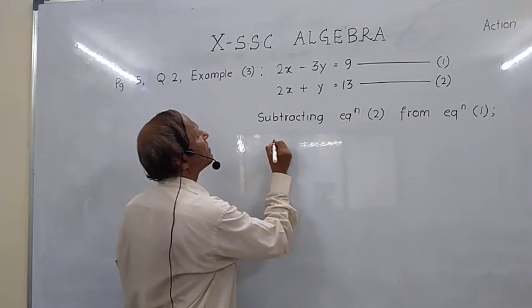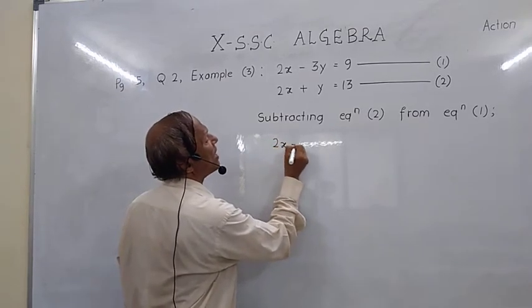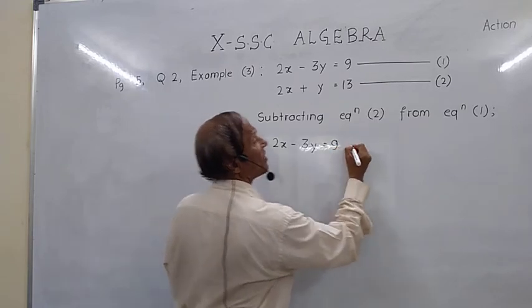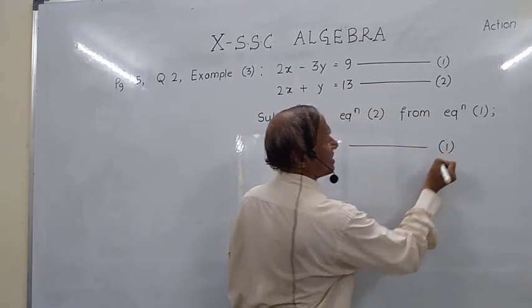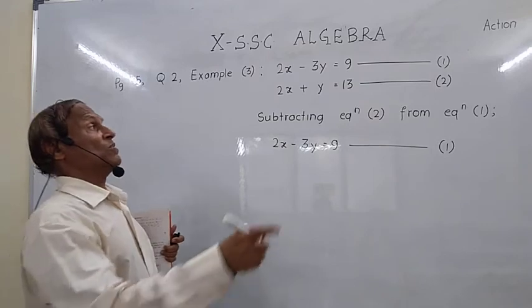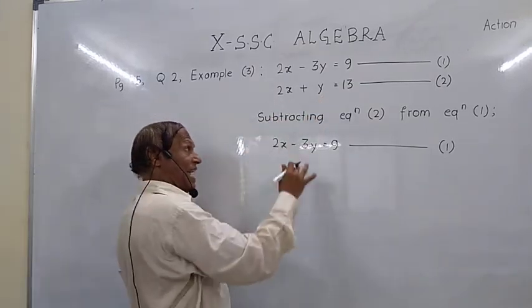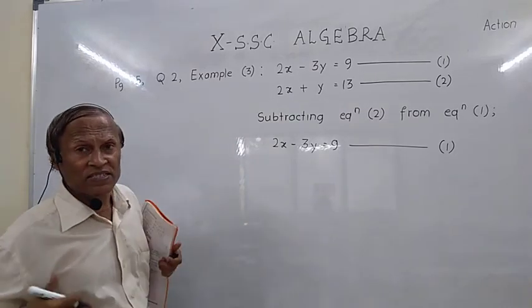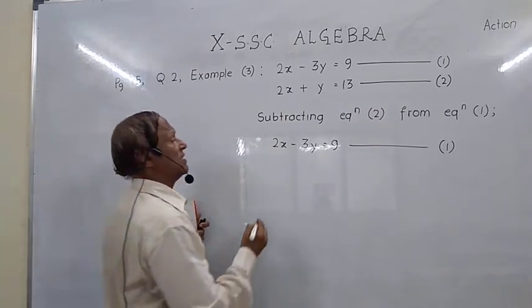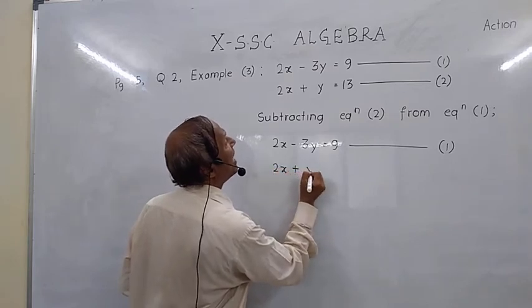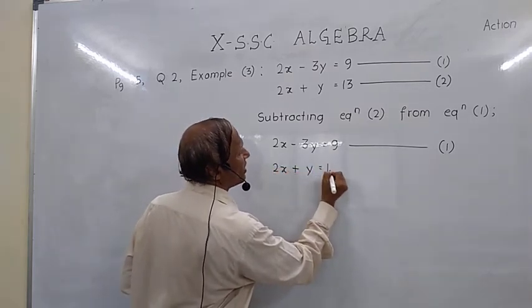What do we get? 2x minus 3y is equal to 9. This is your first equation. Then you are supposed to subtract this. For subtracting, write it as it is and then reverse the signs. 2x plus y is equal to 13.